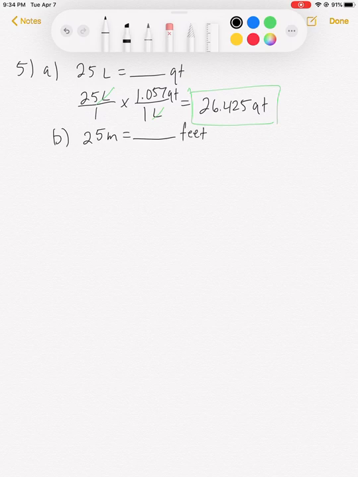Okay, and I'm going to use my conversion again, 25 meters over 1 times, and on my table on page 93, I have 1 meter is 3.28 feet. Okay, so I want my meters to cancel. Meter, canceled. Okay, and so when I multiply 25 by 3.28, I get 82 feet.